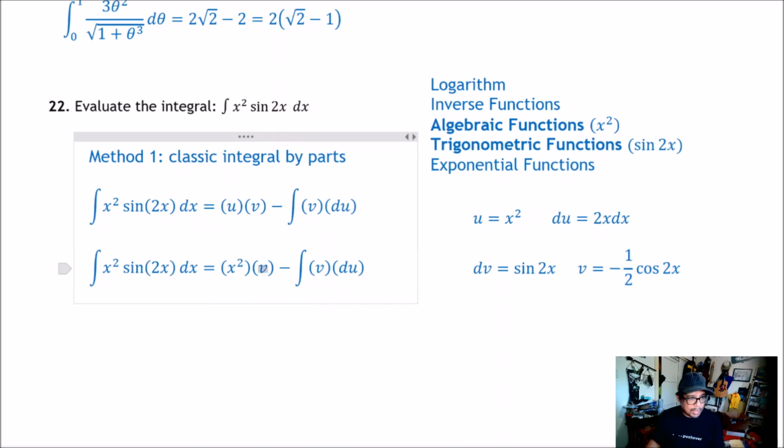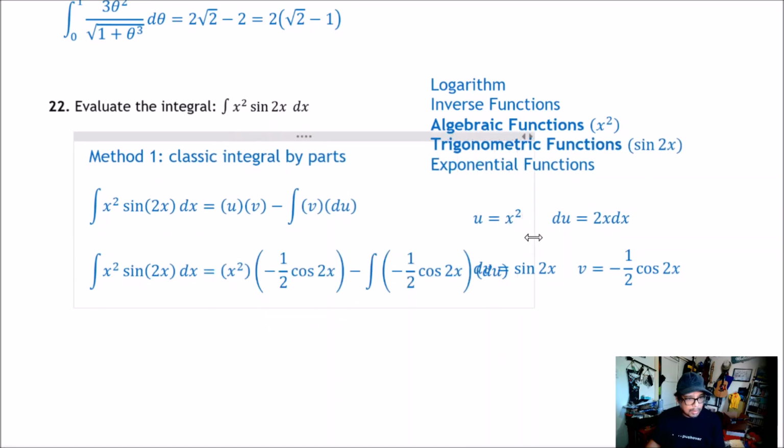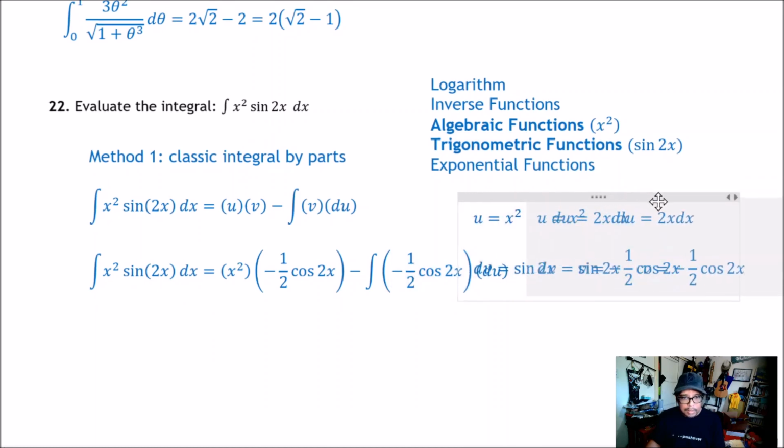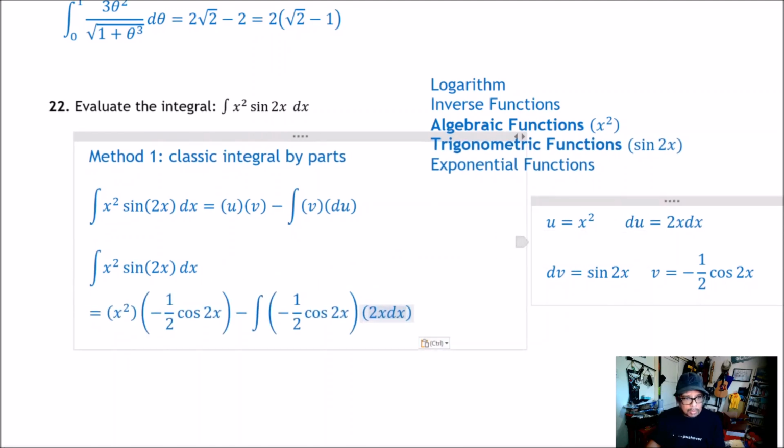So let's put that in for all of our v's. Looks like I'm running out of room a little bit here. And the last thing I need to substitute here is that du. du is 2x dx. And again, don't forget that dx part. It's actually really important. Can't integrate without it.